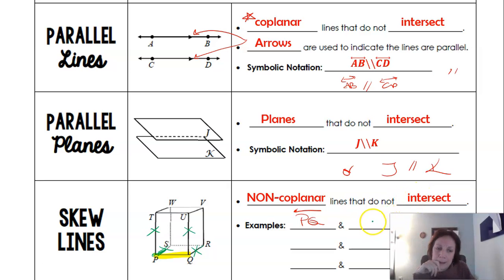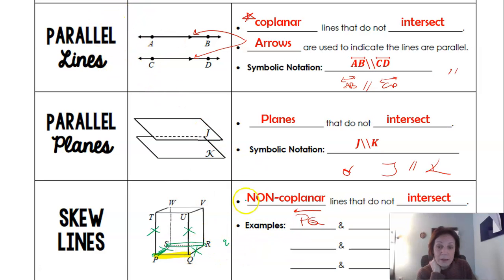Okay, now, what about the coplanar thing? For example, this segment right here, SR, they're never going to touch. The reason they're not going to touch is because they are parallel.